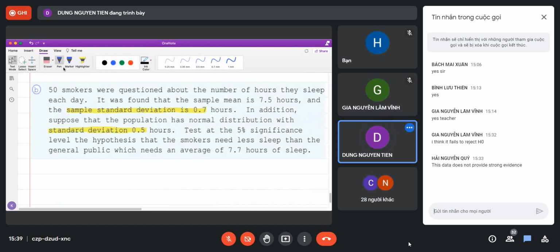Which method can I use in this case? Can I use the Z test or the T test? Can you tell me which one? Should we use the Z test or the T test in this case?